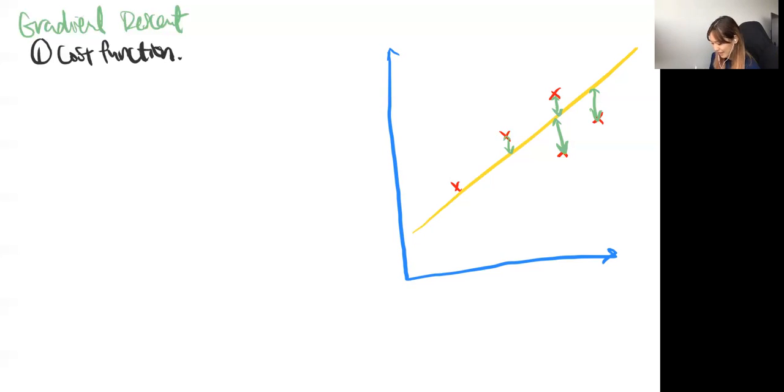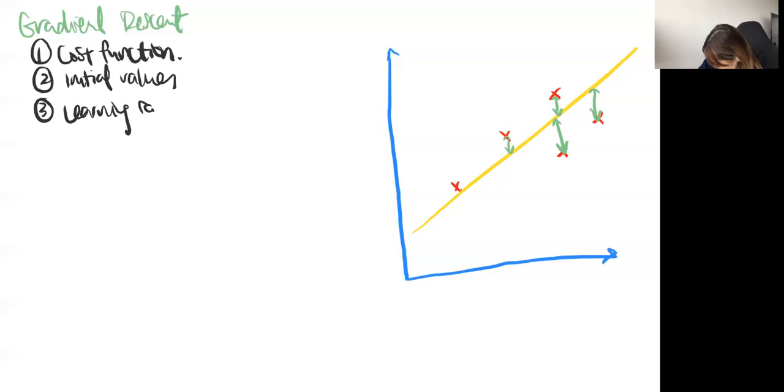In explaining that, I'll talk about the next two parts of gradient descent, which are initial values and then our learning rate. We're going to be looking at a couple things simultaneously. Gradient descent ends up being more efficient, even though it doesn't seem like it at first.